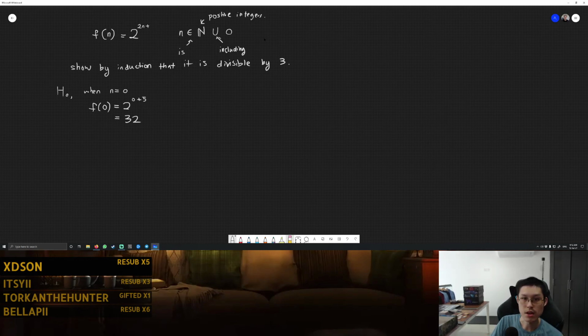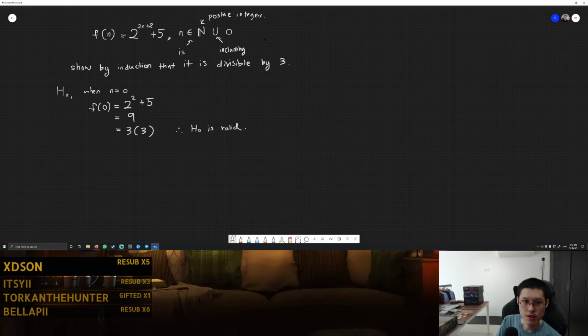This should actually be 2n plus 2 plus 5. There we go. So this is actually 2 to the power of 2 plus 5, which is 9. And we can write 9 as 3 times 3. So it is divisible by 3 because it is a multiple of 3. Therefore, H naught is valid.